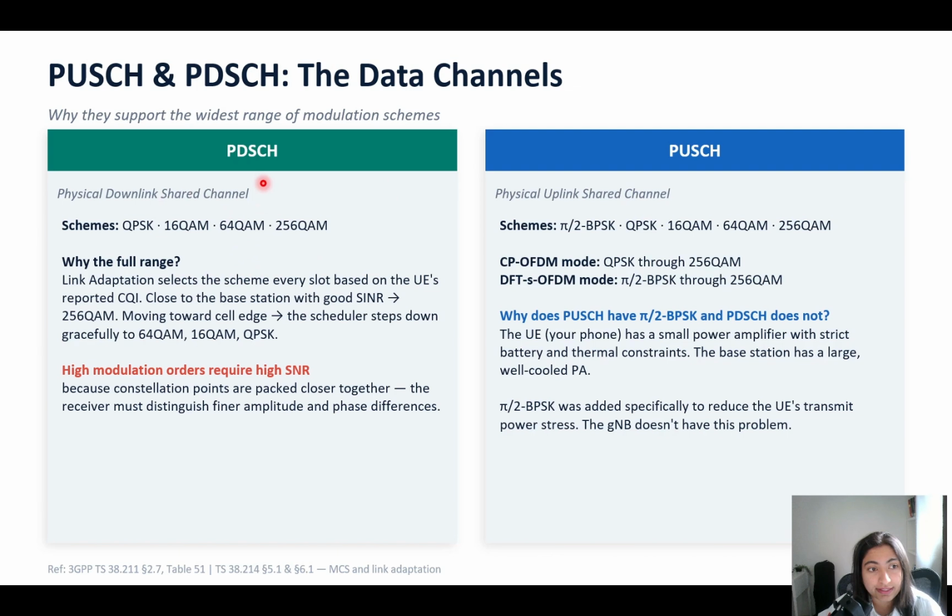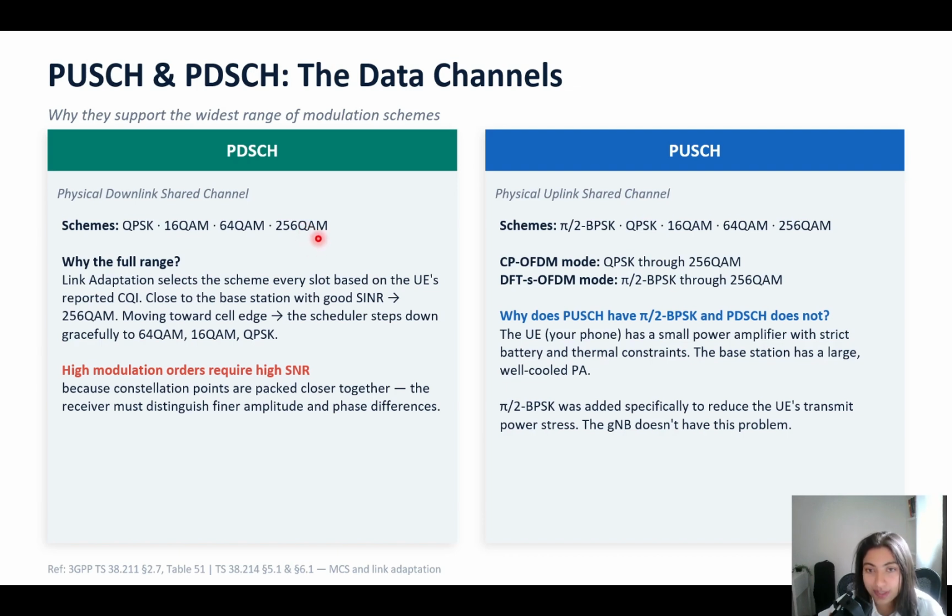On the PDSCH, the base station selects the modulation scheme every scheduling interval, every slot, based on the channel quality indicator that the UE has reported. If you are standing next to the base station with a good enough channel quality, then you will get 256 QAM. That means you will get more bits per resource element per symbol, and thus a significantly higher throughput.